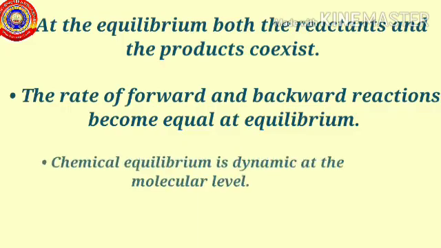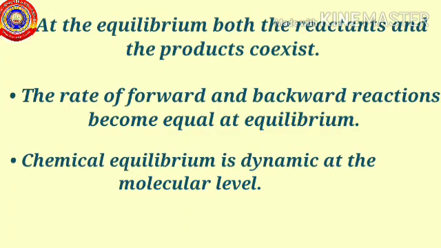Third point, chemical equilibrium is said to be dynamic at a molecular level. What do you mean by this? You know that at equilibrium, both the forward and backward reactions occur simultaneously at the same rate. That is why the chemical equilibrium is said to be dynamic at a molecular level.